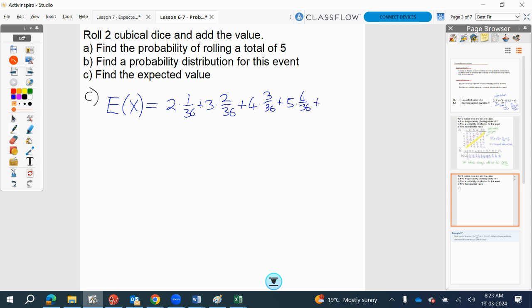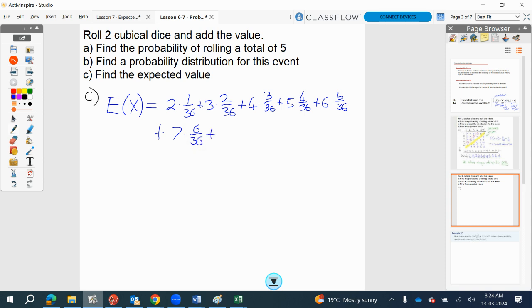What's the next term in the sequence? Somebody else. Everybody's going to answer one. Come on. Vivian. 6 times 5 over 36. What's the next term in the sequence? Somebody else? Is that Maria? 7 times 6 over 36.